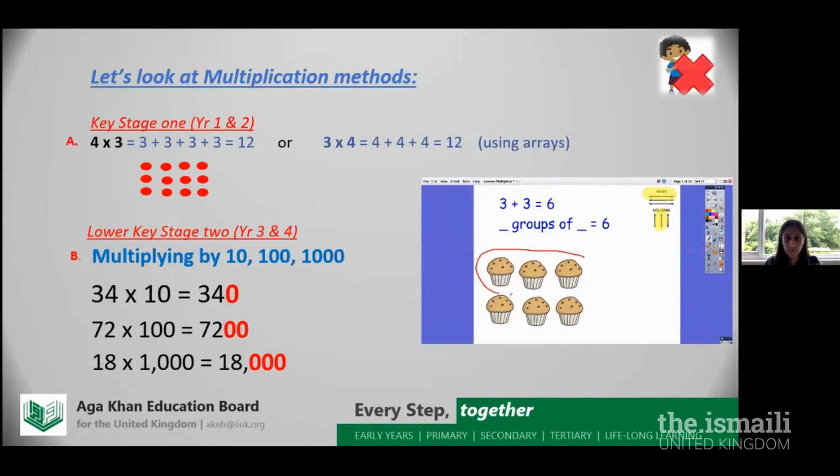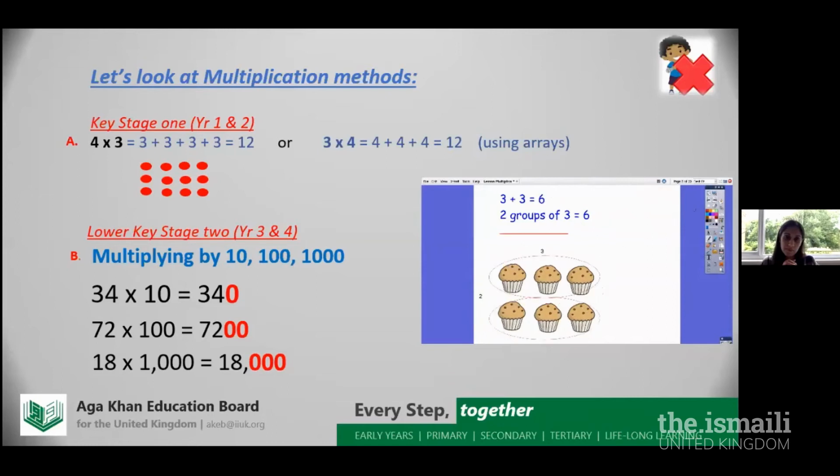This is my first row. And this is my second row. Now that I've done that, I can see that I have 2 groups of 3. So I have 2 groups of 3 cakes each.